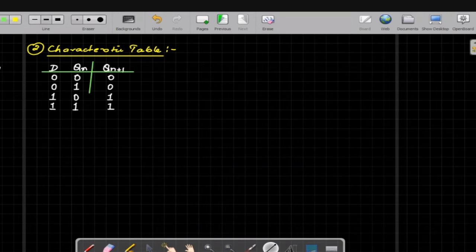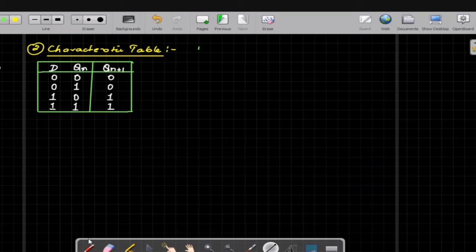So we can draw it in table form like this. This is known as the characteristic table. It is clear to all of you, yes? All right.